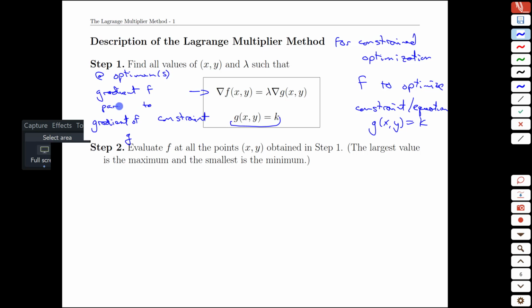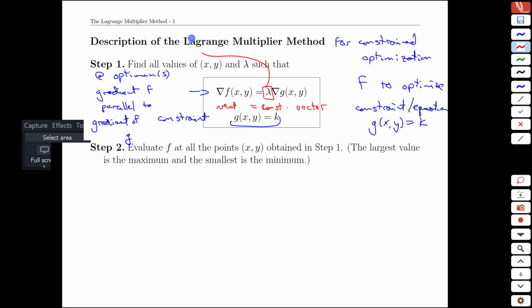And just tidy that up a little bit. Where do we see that? We see that one vector is equal to a constant times the other vector. And that's how we define parallel vectors.